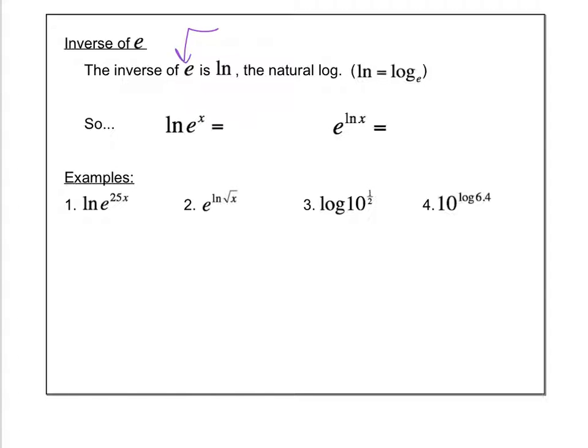All right, the last thing we're looking at, do you remember we talked about e yesterday? If you looked back at your notes, I told you e is called the natural base. It has its own log. The inverse of e is called ln, which is called the natural log. You get to see natural base, natural log. They're related to each other.